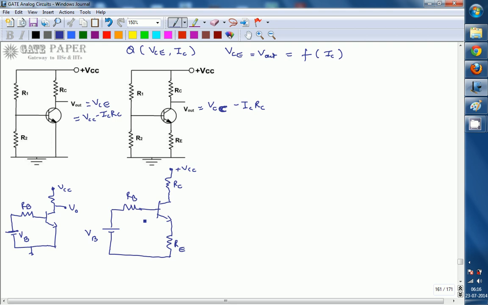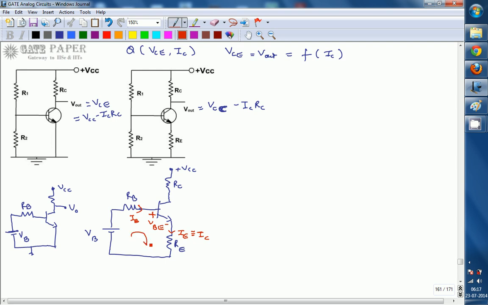Now we will draw some voltage polarities. The current flowing through this one is IB, and the current flowing through this one is IE, but it is approximately equal to IC only. VBE is the voltage drop across base emitter.